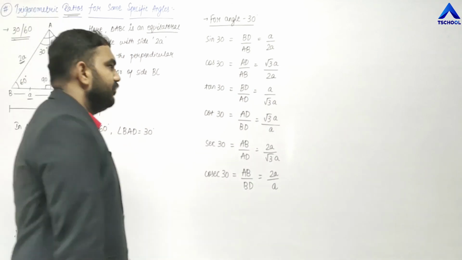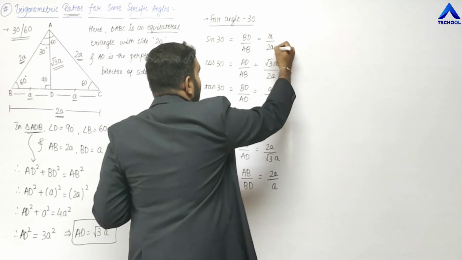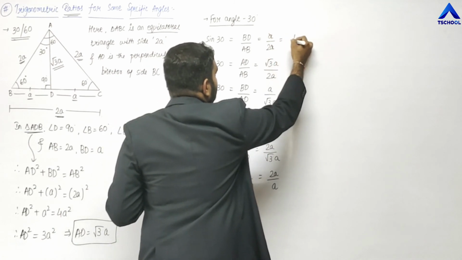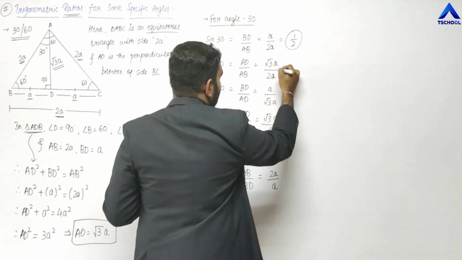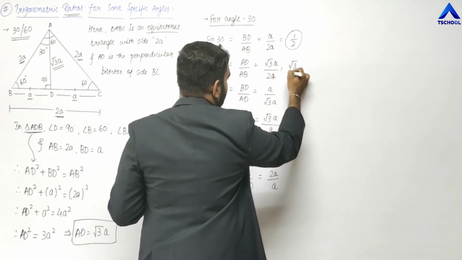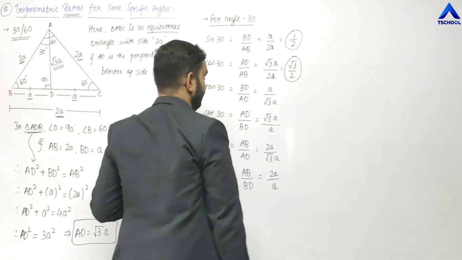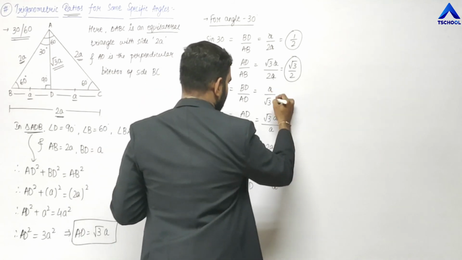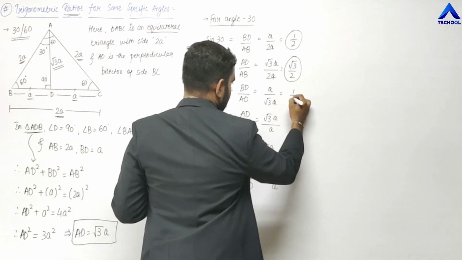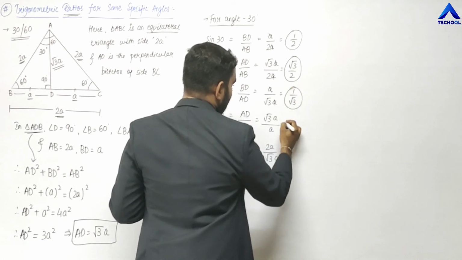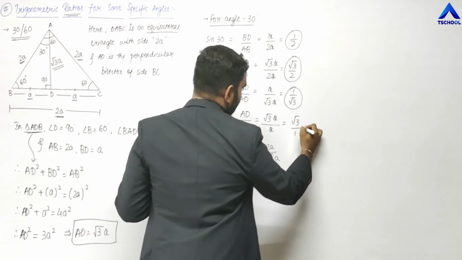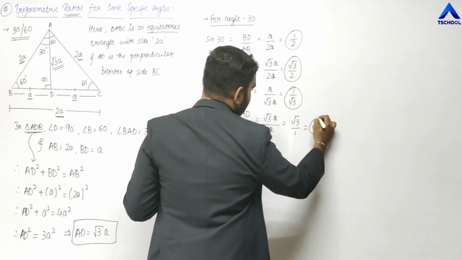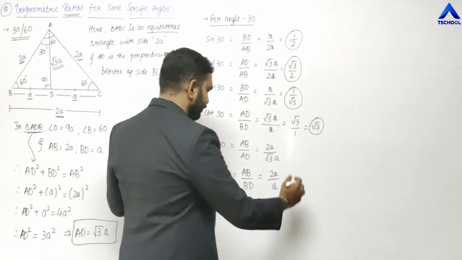A and A cancel, so that becomes 1 upon 2 for sin 30. Here also A and A cancel, so that becomes root 3 by 2 for cos 30. That becomes 1 upon root 3 for tan 30. Again A and A cancel, that becomes root 3 by 1, which is root 3 for cot 30.